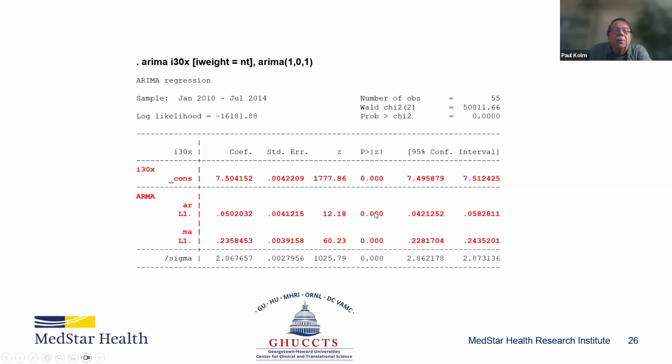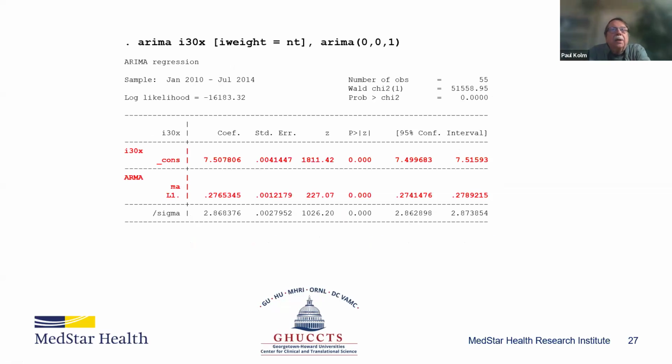We take out the seasonal component, the autoregressive part of the model is statistically significant, as is the moving average. And so here's another model then where we've taken out the autoregressive part and just included the moving average part. And again, that's statistically significant.